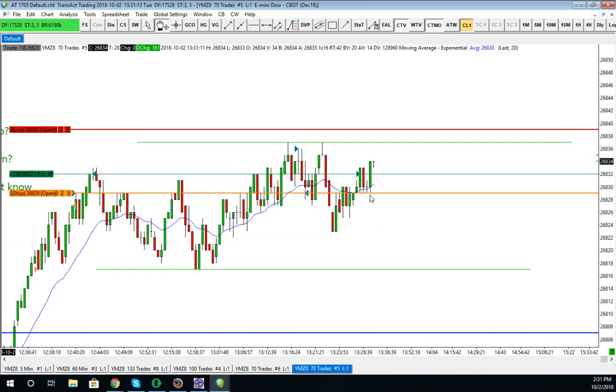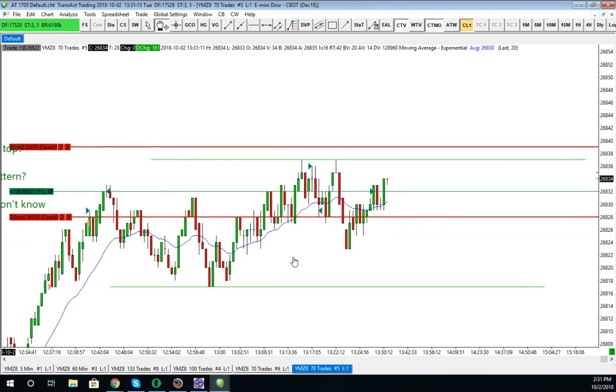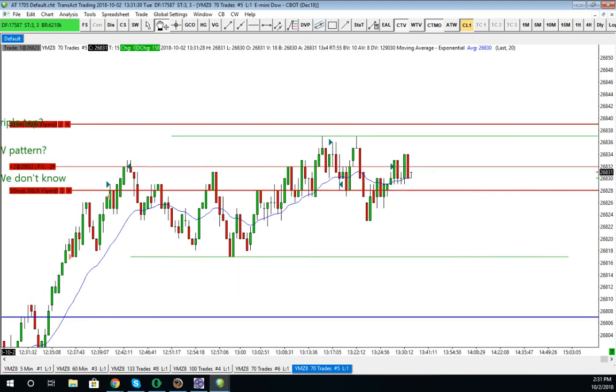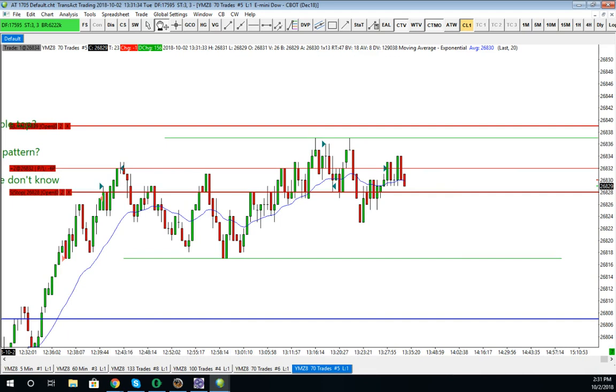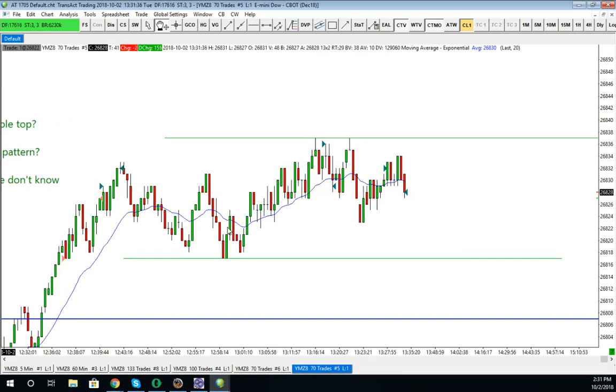Of course, we should put this stop loss here. Okay, this is looking like some sort of a... let's get out of this. Okay, so we took 2 stop losses.